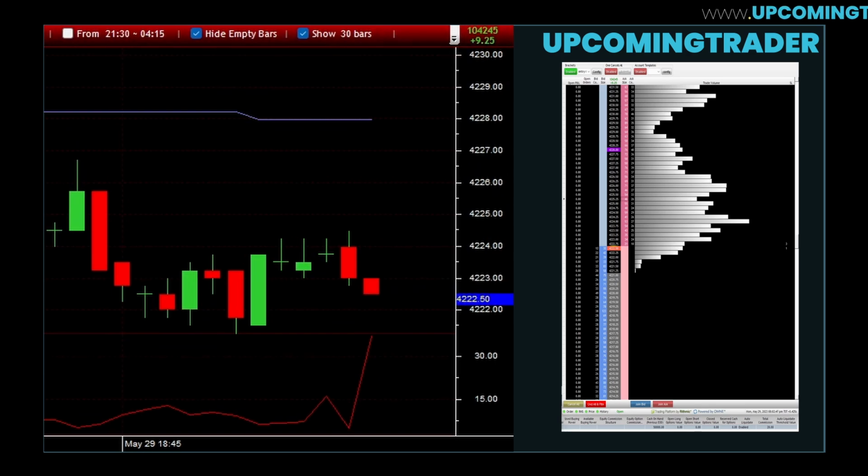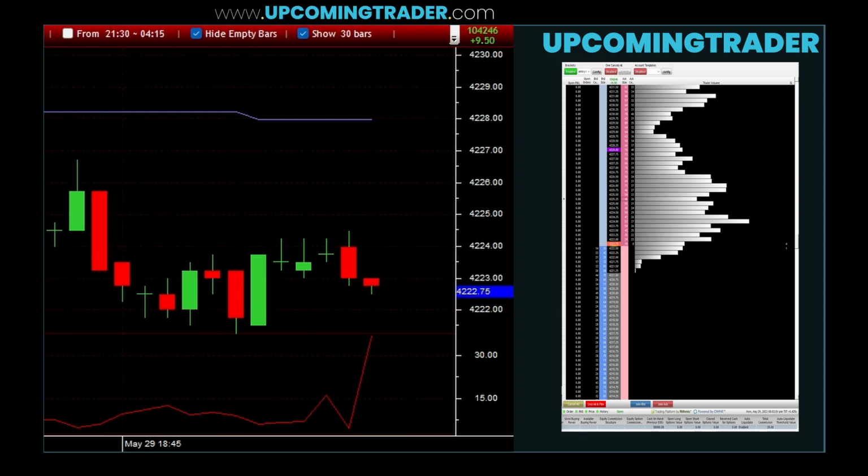Like flags, a breakout from a pennant pattern usually suggests that the price will continue in the direction of the preceding trend. The key to effectively trading flags and pennants is to watch for strong volume accompanying the breakout. This confirms that the market is likely to continue in the direction of the trend.